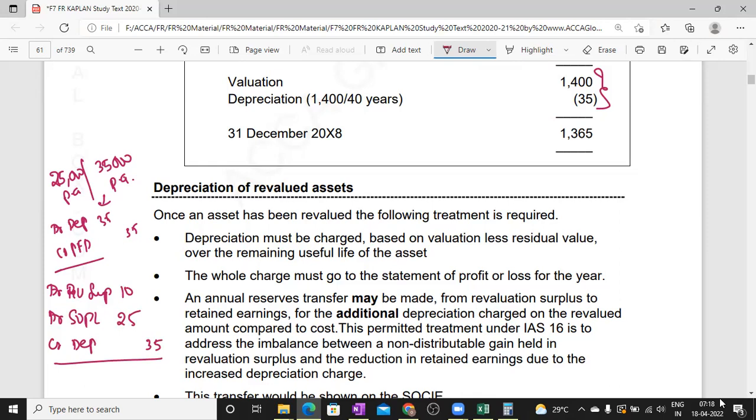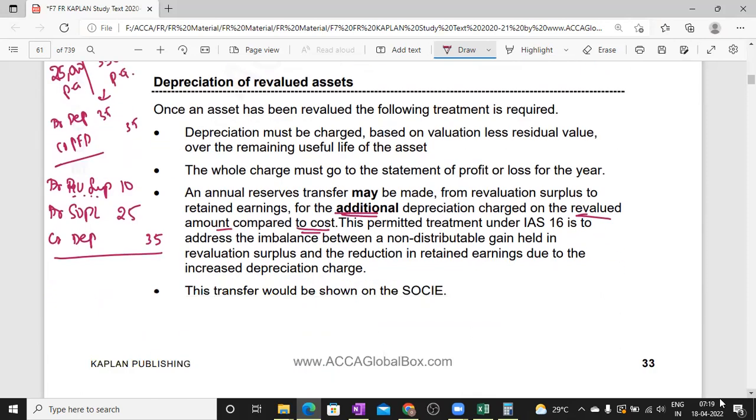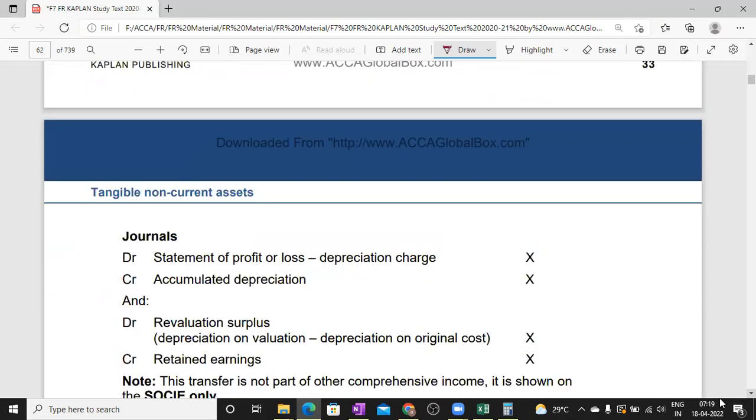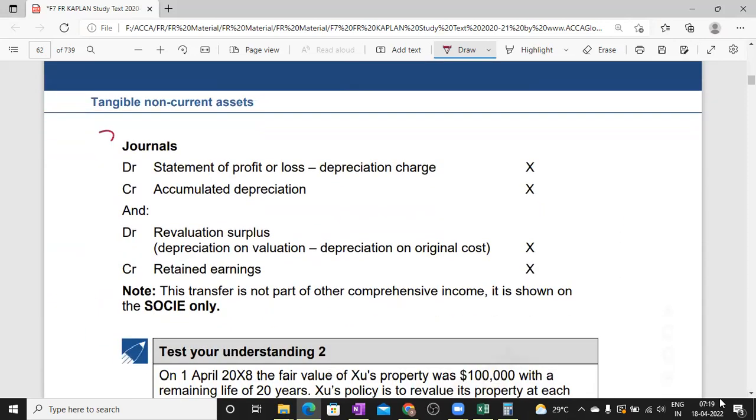So that's why we have to adjust that additional depreciation to the revaluation surplus. Any additional depreciation charged on the revalued amount compared to the cost is adjusted to the revaluation surplus. So this is the journal.